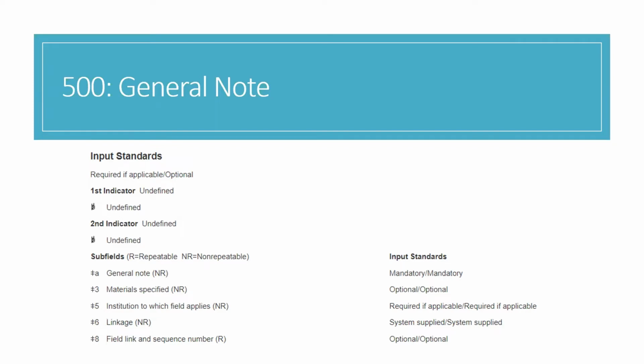It is a note that provides general information for which a specialized note field, in other words a specific 5XX field, has not been defined. You can use it for the following kinds of notes: bibliographic history, physical description enhancements, program notes, or series statements that cannot be accommodated in a 4XX field.